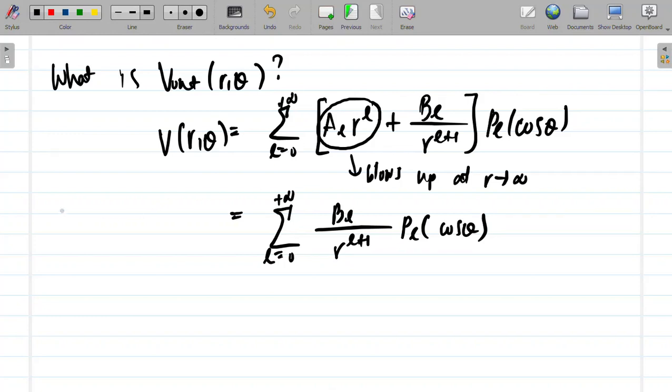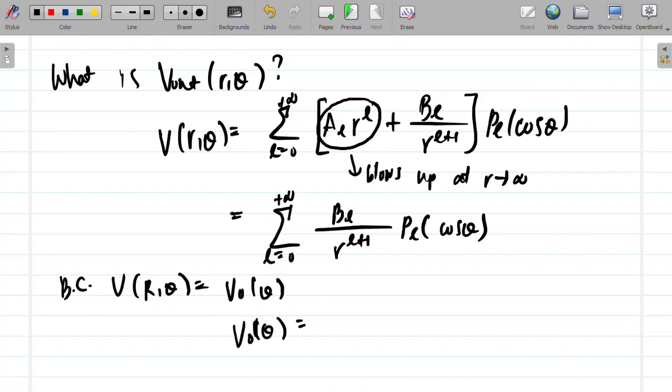Okay, so apply ulit natin yung boundary condition na V of R theta equals V naught of theta. So bale V naught of theta equals summation L equals 0 to positive infinity, BL over big R to the L plus 1, PL of cosine theta.